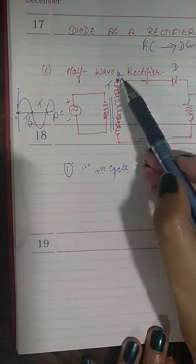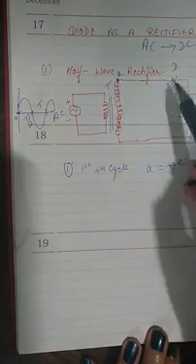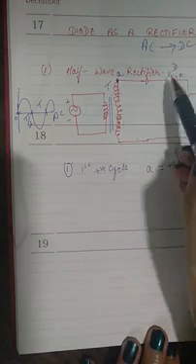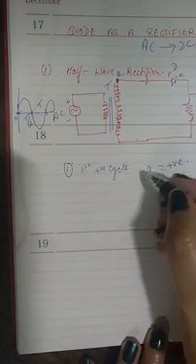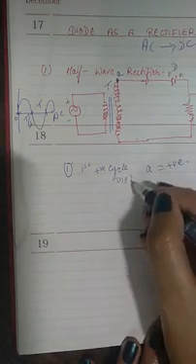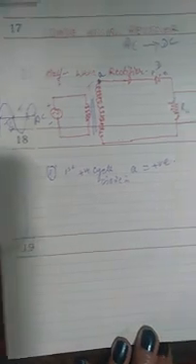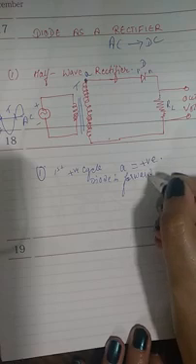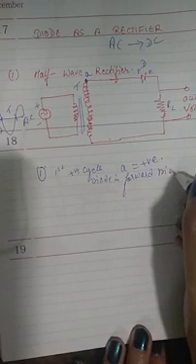If voltage at A is positive, and this side is the P side and this is the N side of a diode, so positive and positive, what happens? The diode is forward biased.